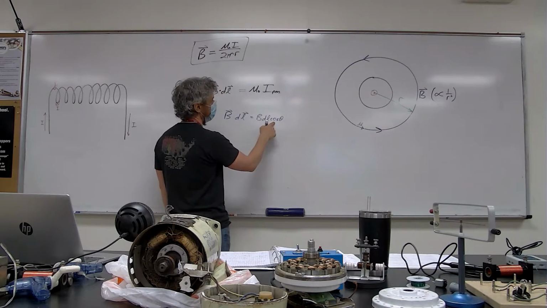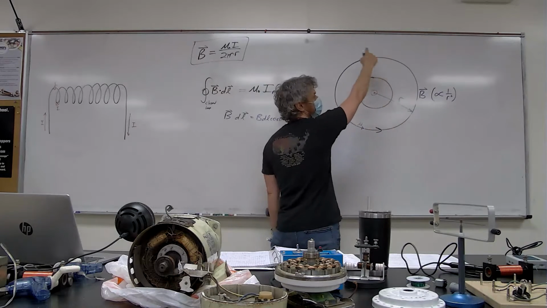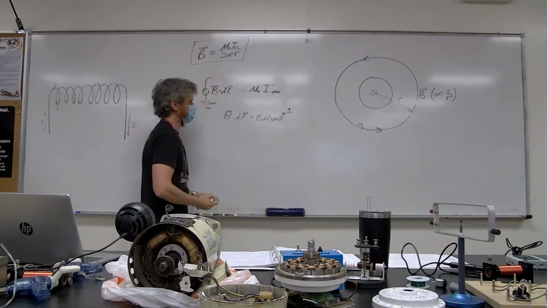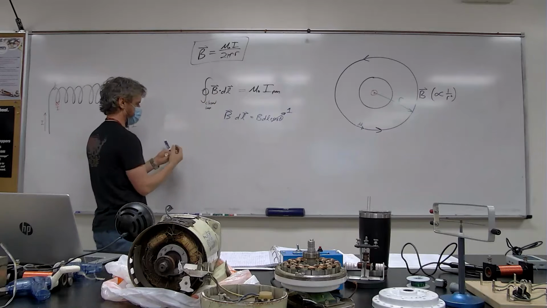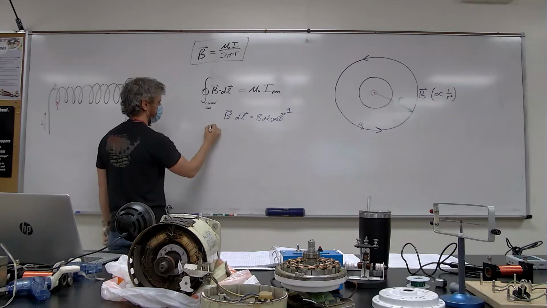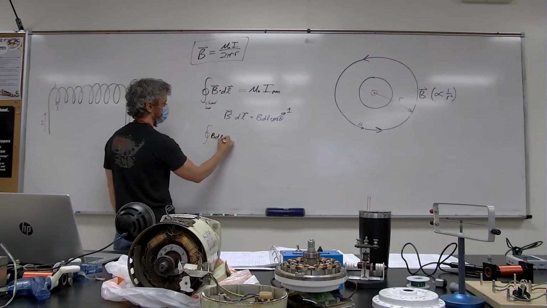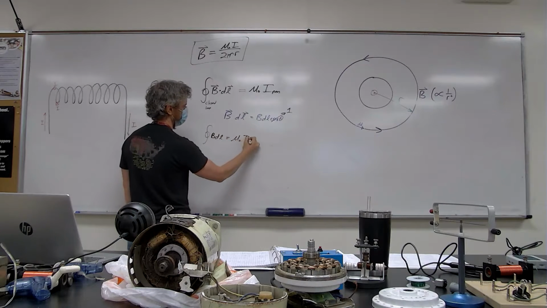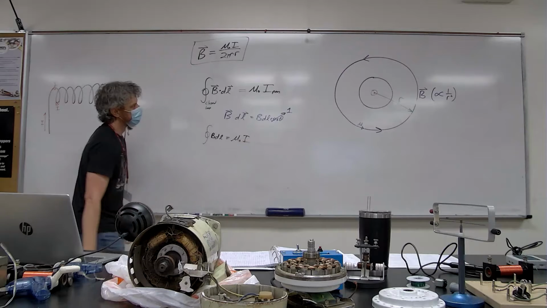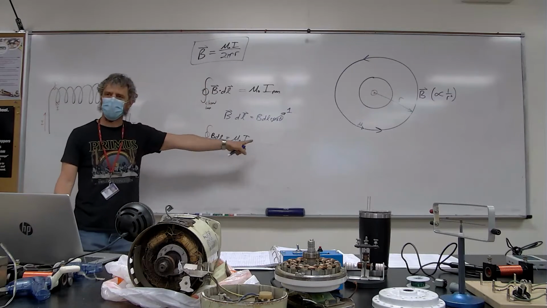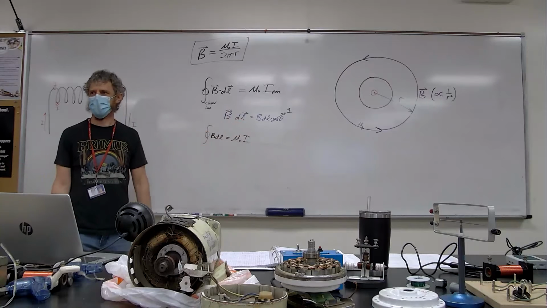The cosine of the angle, as I integrate over this entire Amperian loop, is going to be 1. So the left side just becomes the integral over the closed loop of B times dl, which equals mu naught times the current. The current penetrating that Amperian loop is simply the current in the wire, so I can just put it as I.